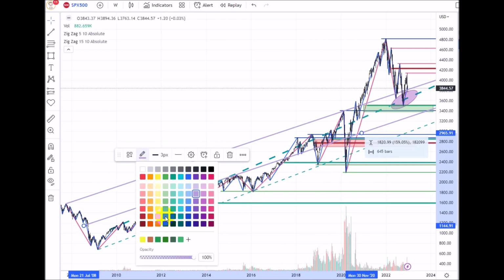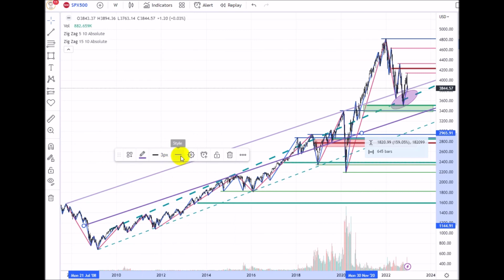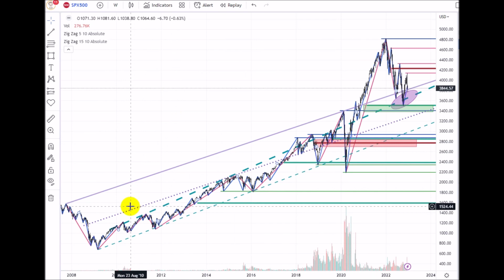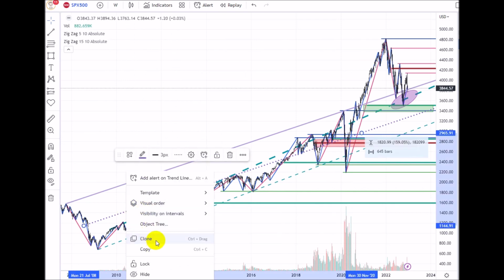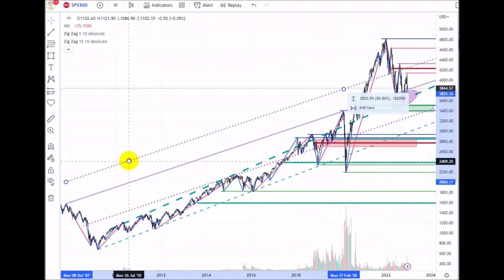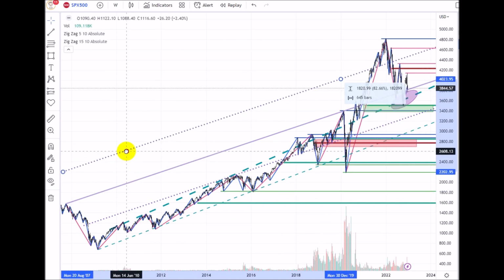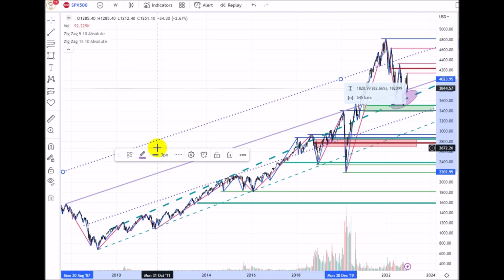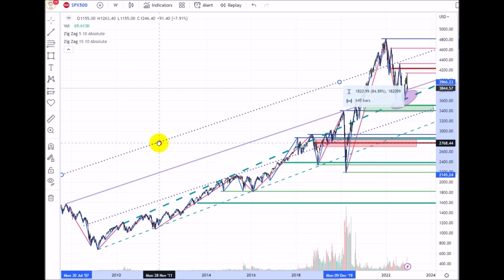So I'm going to modify this a little bit, turn it into a dashed dotted line, and I will clone this and try to move it approximately the same distance out here, almost like a pitchfork.